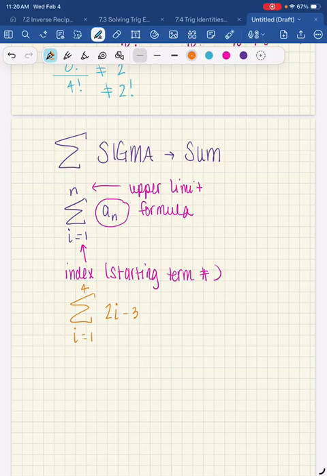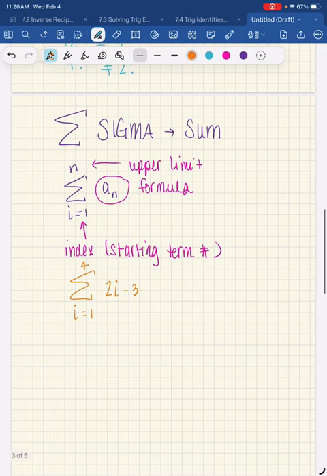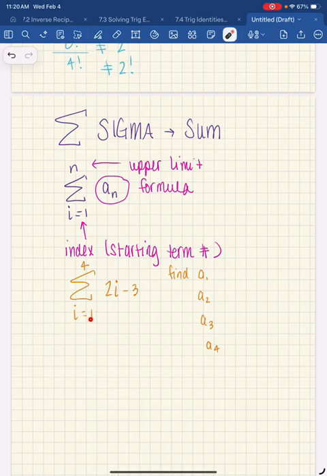So this book tends to use I, other textbooks use N. So this means I'm going to find what happens when I plug in 1, what happens when I plug in 2, what happens when I plug in 3, and what happens when I plug in 4. So I'm going to start by plugging in 1. That's what this number at the bottom means. And I'm going to stop at what happens when I plug in 4.